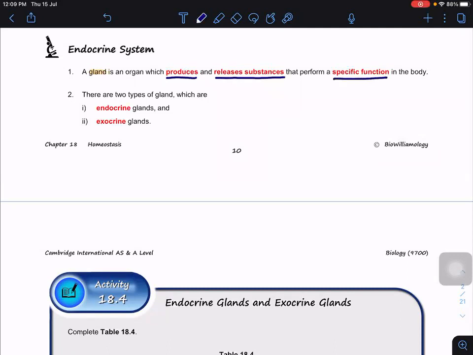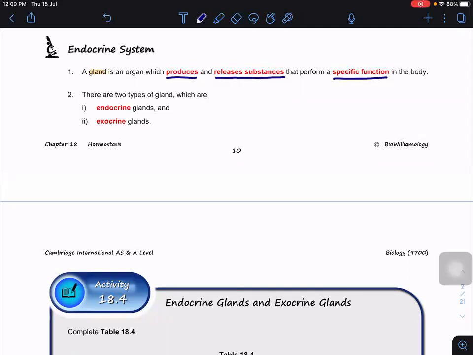For example, salivary glands produce saliva that contains enzymes. Sweat glands produce sweat, which has a specific function, a cooling effect.